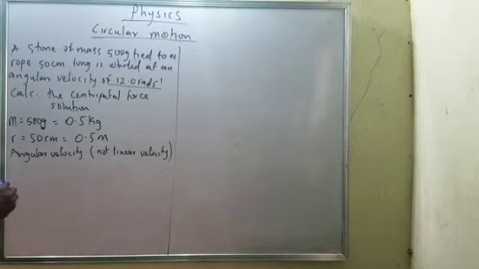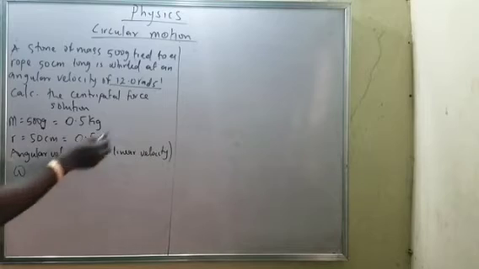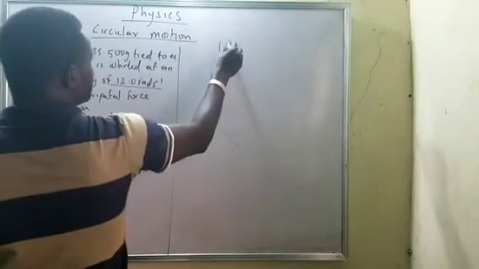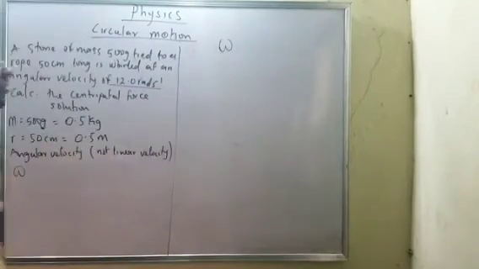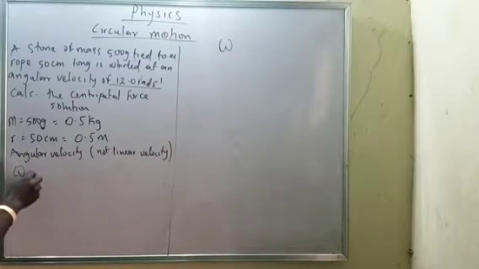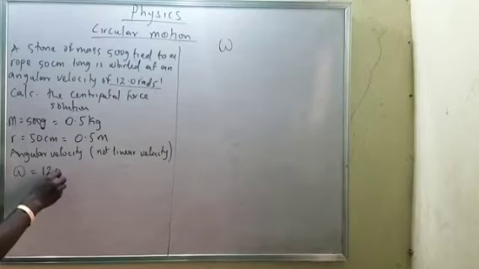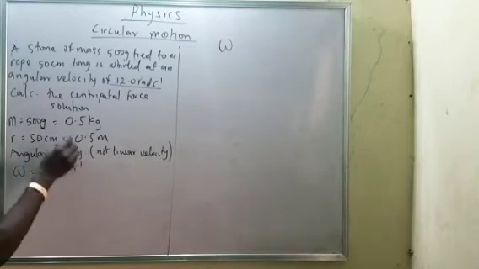Angular velocity is always denoted by this. Let me write it again. This is how to write it in an advanced way, even at any level. It means I'll be talking about 12 rad per second.